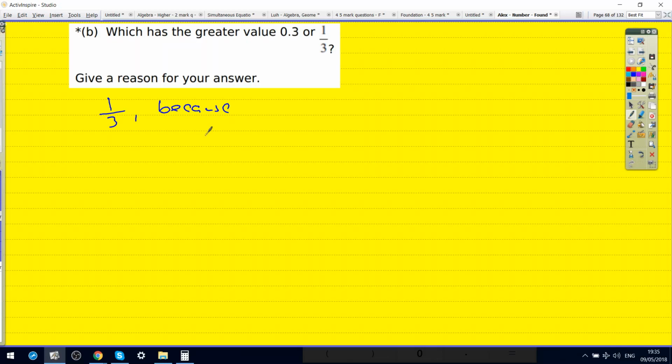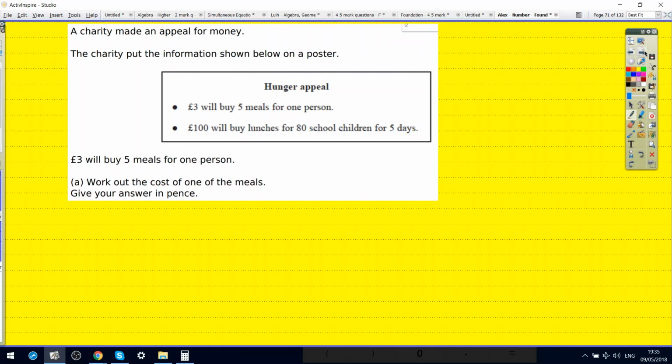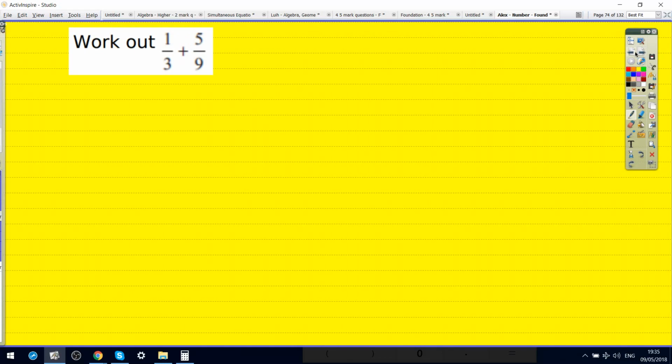Oh, 30% of 100. Yeah. So 1/3 is 0.333 going on forever, whereas 0.3 is just like 0.3000. Okay. 20%. Just some easy enough stuff.